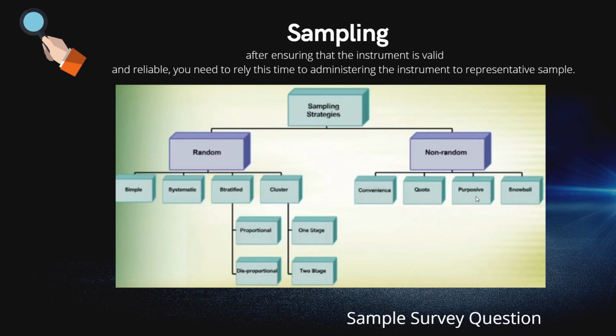So again, let me emphasize that if you want to do sampling, you need to take note: the general idea is that it should be a representative sample, so that everything you conclude about your population is valid because it represents the whole population. Okay, so just be aware of that, and whatever you do, keep that in mind.